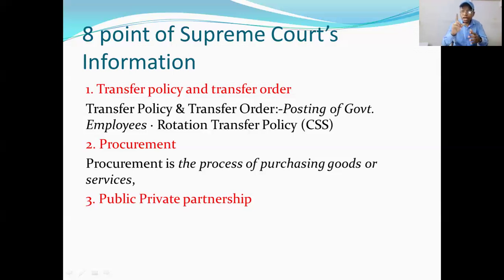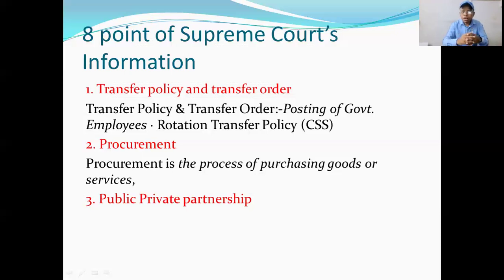Of course, it is prepared by the administrative department, since in each and every public authority some employees are transferred based on some circular, order copy or notice, and that we have to mention here for the financial year. This is the first point.